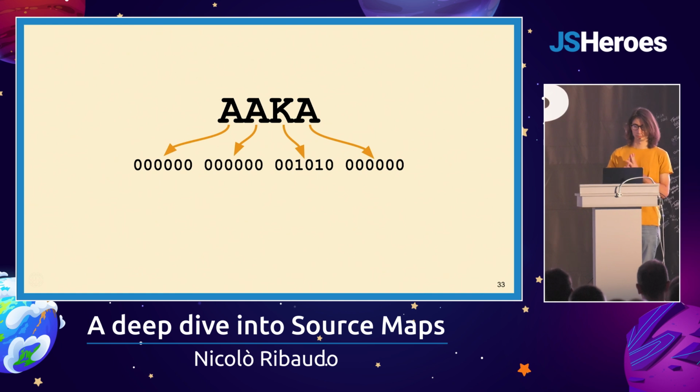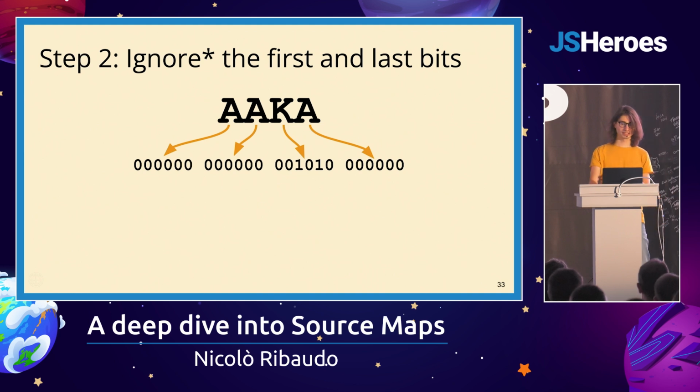And be careful here, because these 4 sets of bits are not actually bytes. Well, we could still call them bytes, but they're not 8 bits long. They're just 6 bits each. And usually when you use base 64, you then rearrange them to have pieces of 8 bits. But for source maps, we need to keep these bytes 6 bits long. So once we have these bits, what do they actually mean?